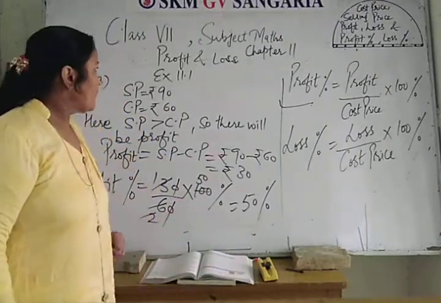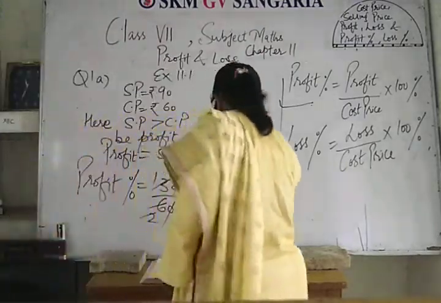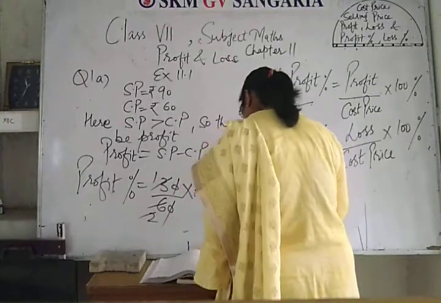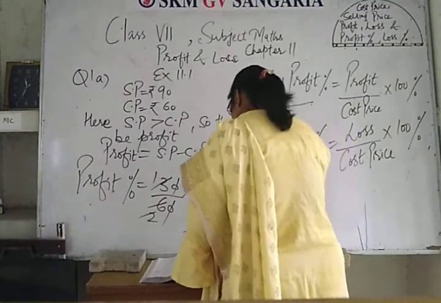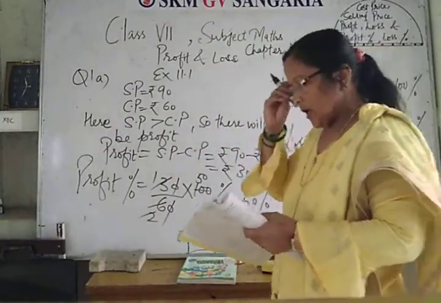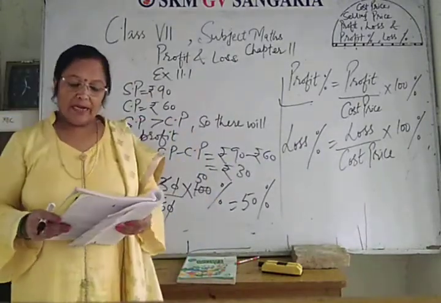Then here in the next part, some language problems are there. You will do the first question, all parts. Aman buys an old bicycle for rupees 3,800.